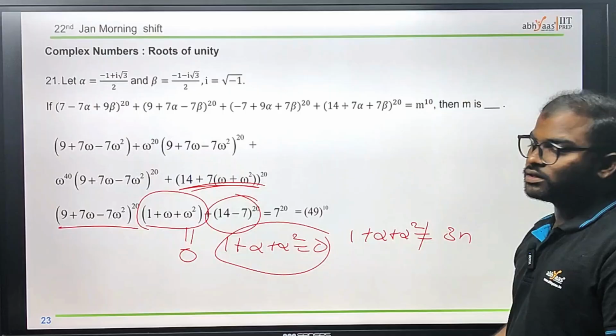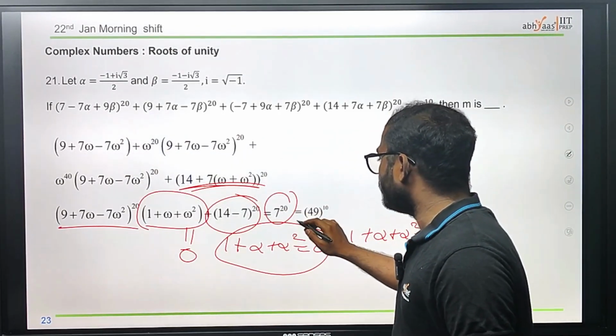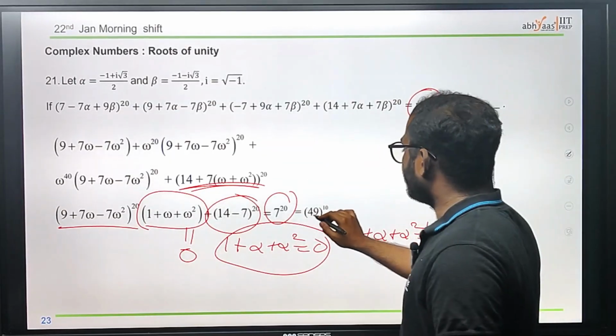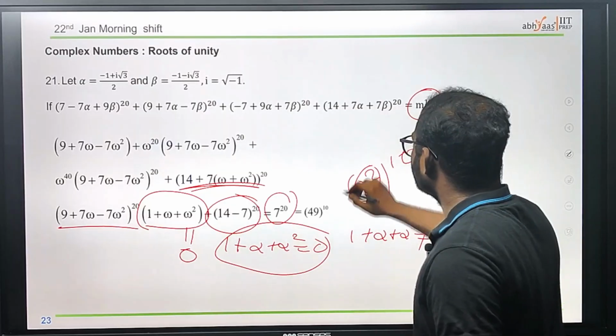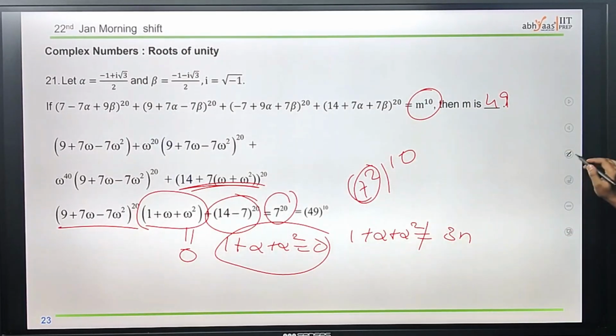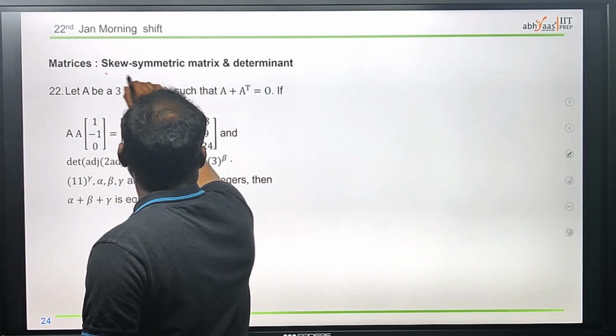That is how both concepts are used in this question. After that we will get 7 power 20, and since we have m power 10, we make it 7 square power 10. Therefore 7 square is 49. 49 is our answer.